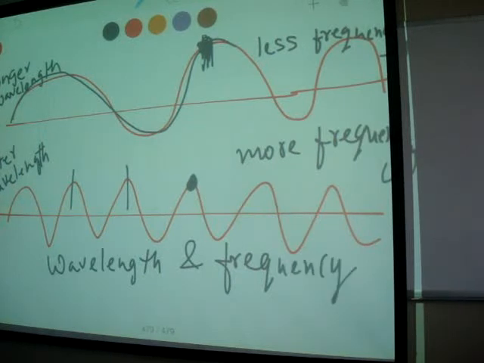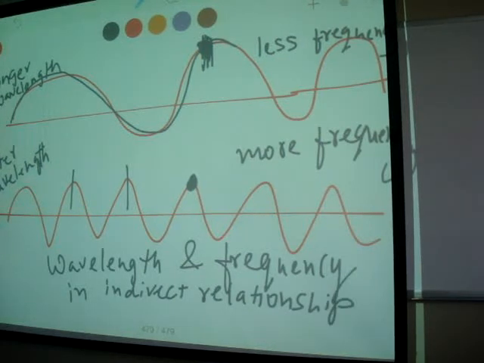One increases, the other decreases. If one increases, the other decreases. If one decreases, the other increases. So that's the wavelength and frequency relationship.